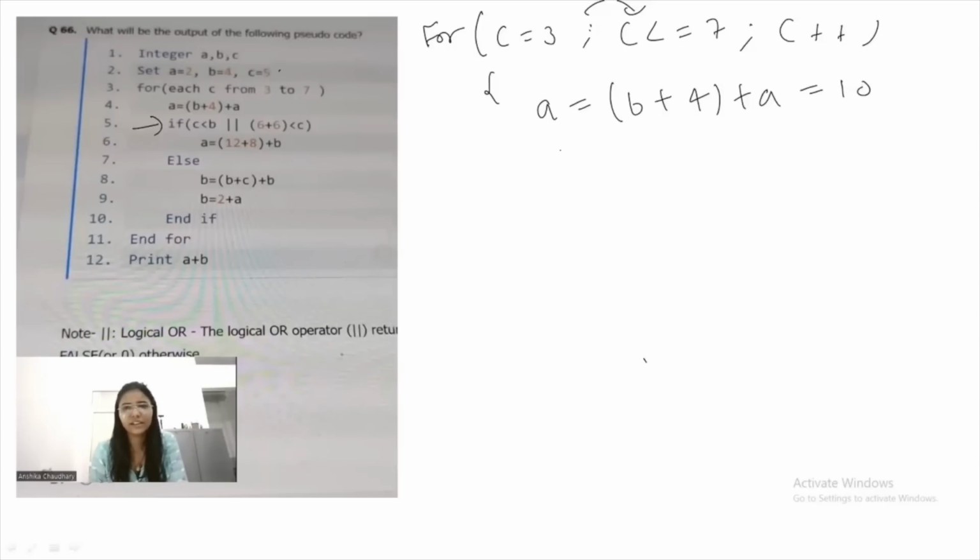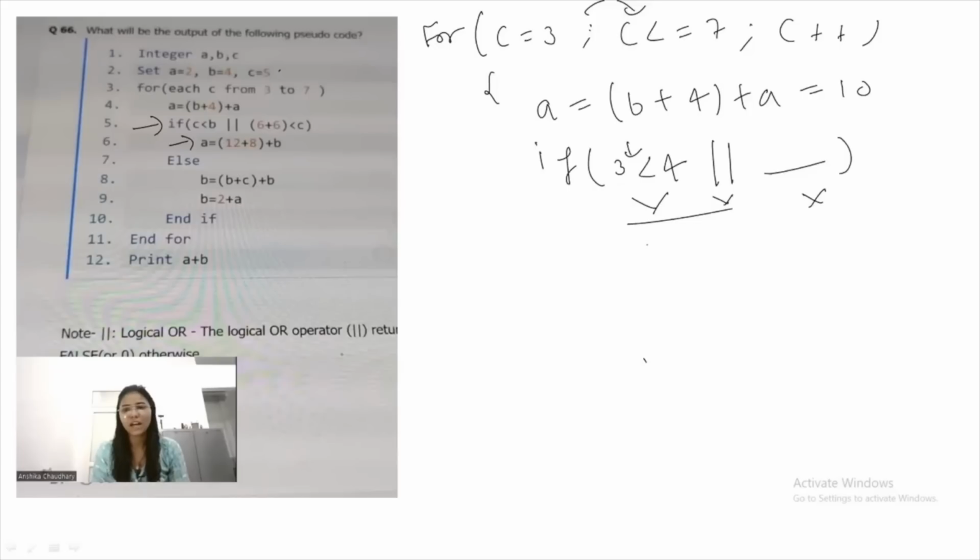We will come here in the if part and we need to check the condition. C is less than B. So C value is 3 as of now, is less than B. B was 4, or here is some condition, right? And this is the logical OR. So if any of the conditions is true, the whole condition will be considered true. And from here, this condition is true. 3 is less than 4, so this will return 1. So this condition is going to be true.